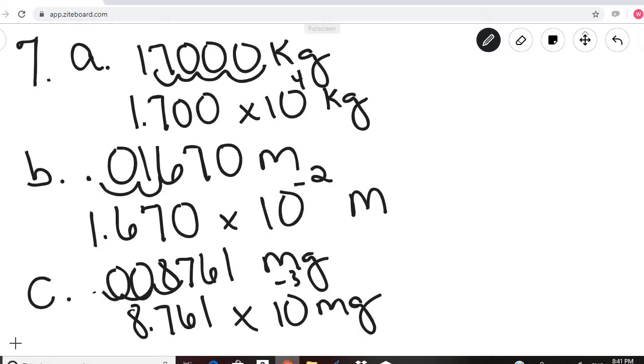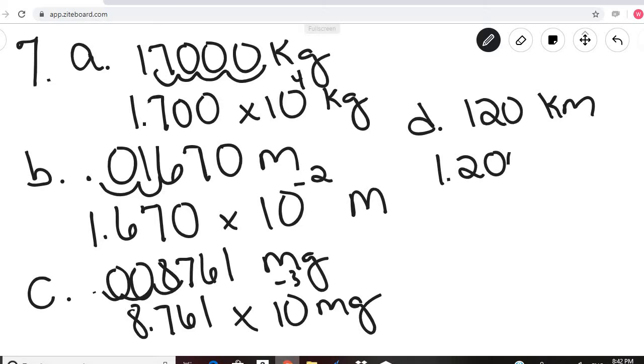And then lastly, D is 120 kilometers. Okay, so 4 significant figures is going to be 1.200 times 10.